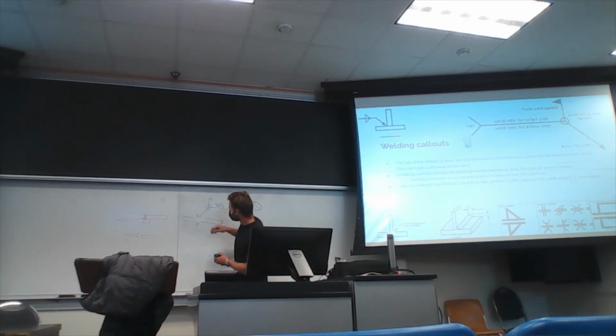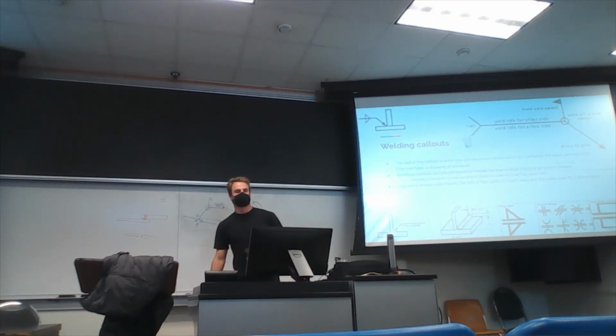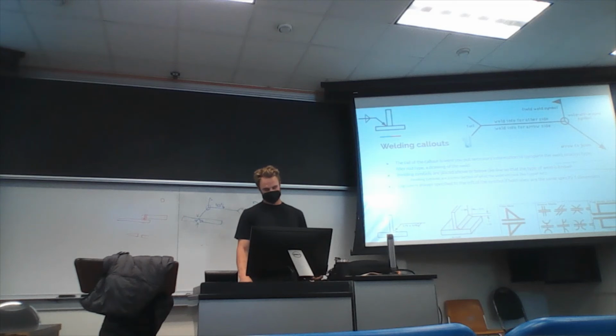Sorry, I actually drew that backwards. If we're talking about the other side of the weld, the bevel would be here. And you could do 1/2 inch there by 1/4 inch. I didn't write 1/4. 1/4 inch. That makes sense? I think that's pretty much it for this.